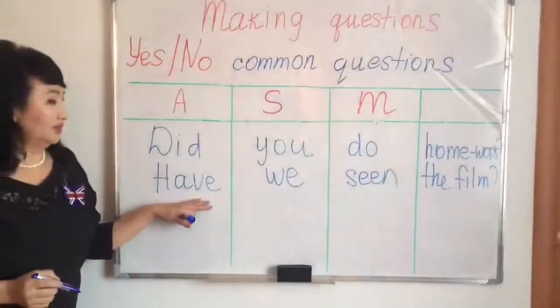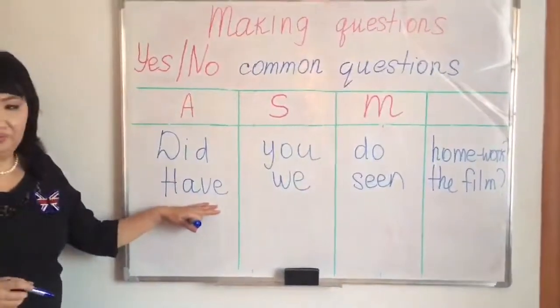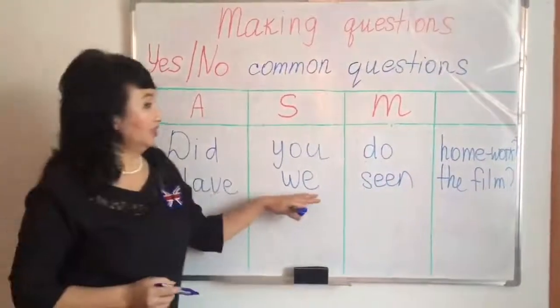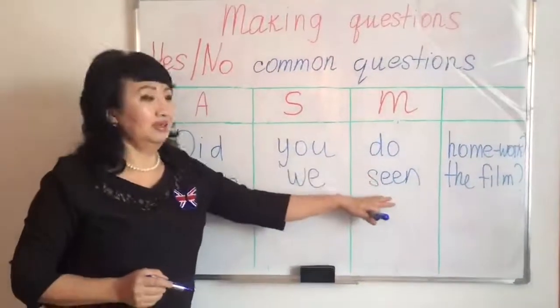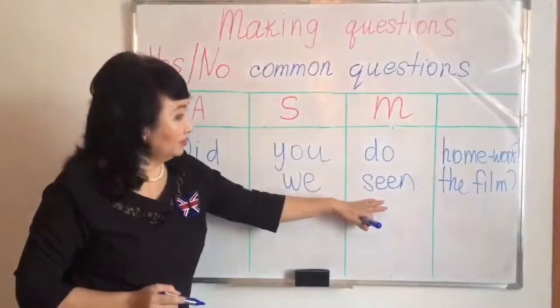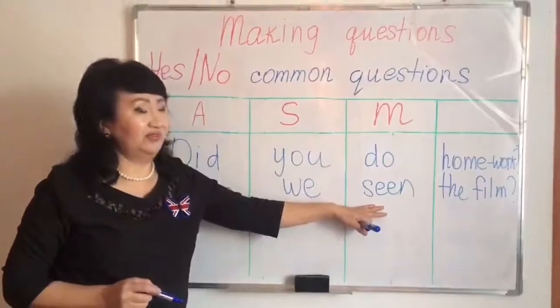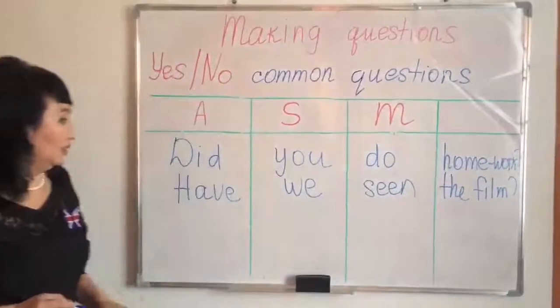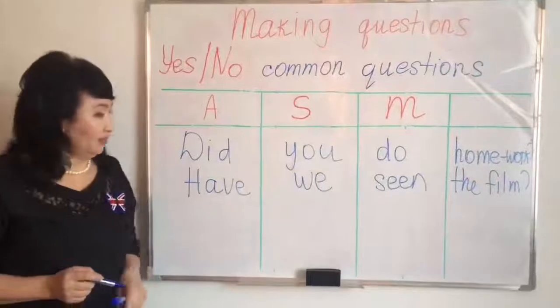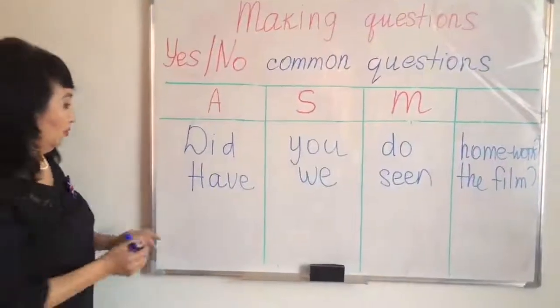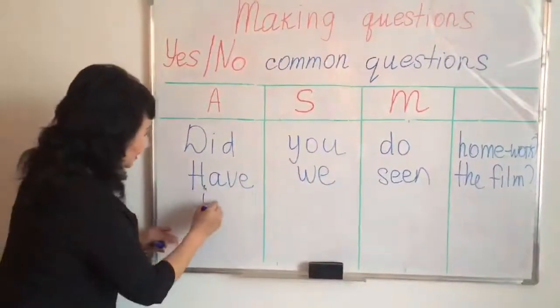It is the auxiliary verb of perfect tense, the subject is we, then we write the main verb in V3, seen. We can answer yes, I have, no, we haven't.